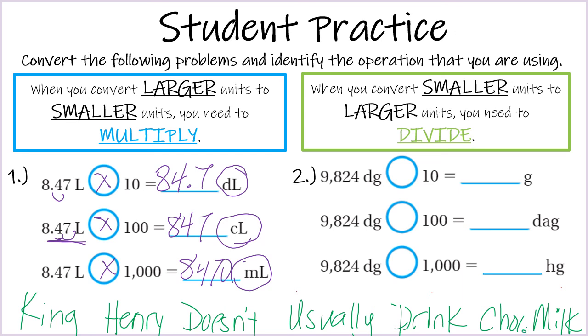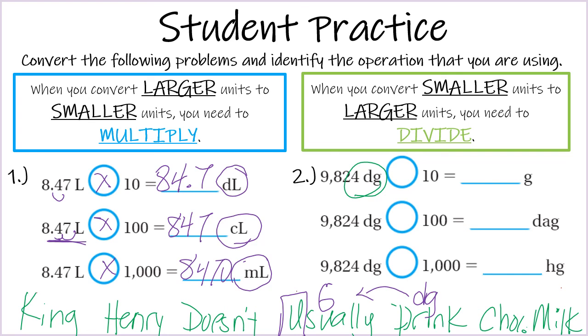Okay, so this time we could look at our starting spot, decigrams. We're starting at decigrams. That's right here with the drink. And we're going to grams. So grams is our basic unit. Remember, grams is one of our 3 basic units. So we are moving to the left.